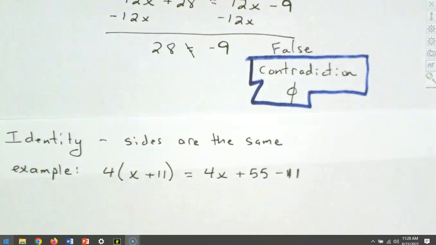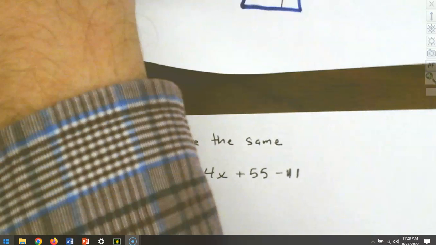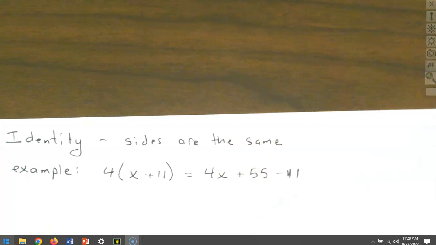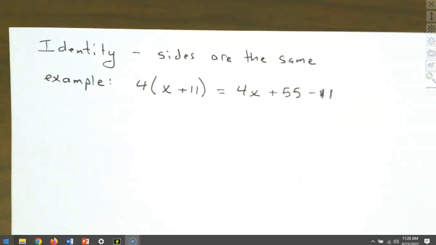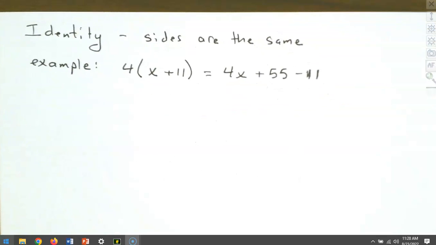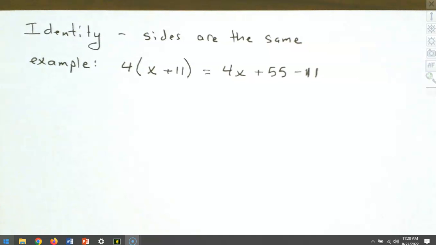And these are just very, very basic examples. We'll talk about more complicated ones here in a moment. But these are just going to be our basic examples. Now, these are going to actually be the same once we start working with them.